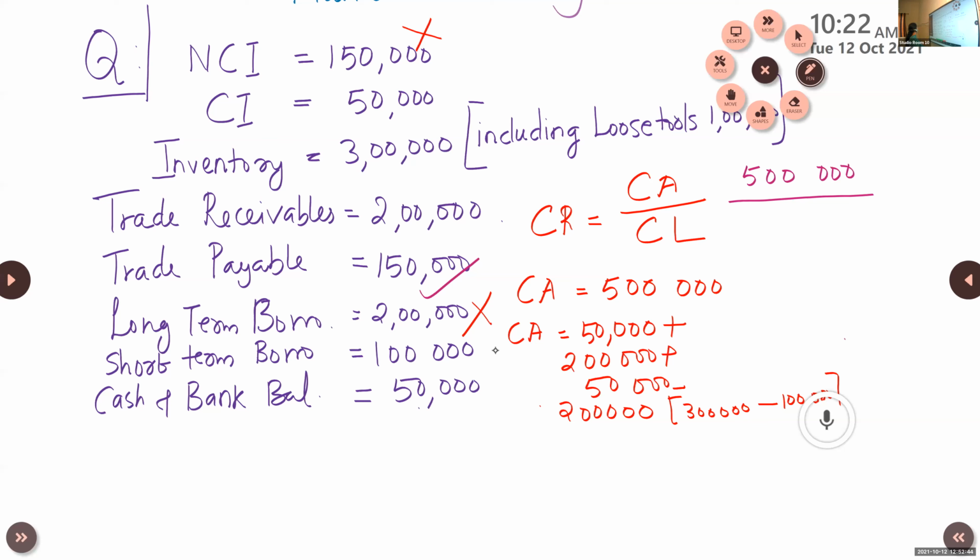Okay, I missed out one figure. Add on short-term provisions also. Short-term provisions. Okay? Without that, your answer is right. Irfan, short-term provisions, 50,000.